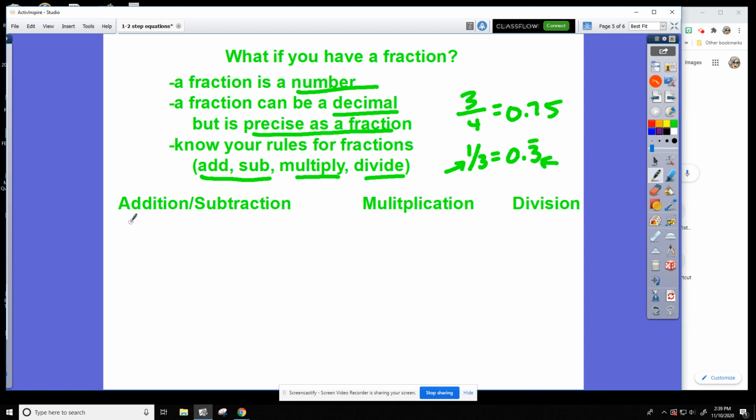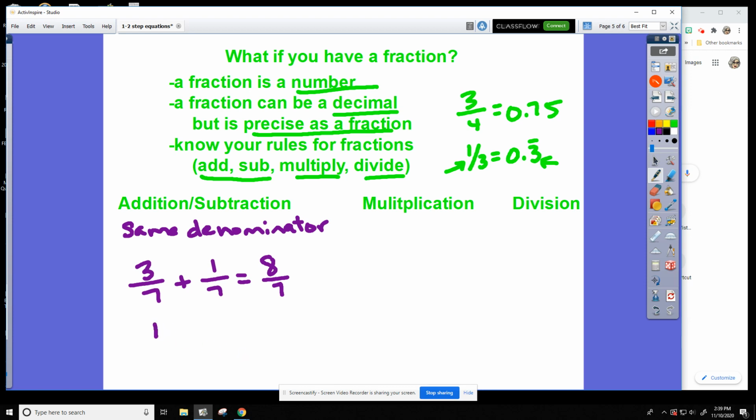Add and subtract. You need to have the same denominator, called a common denominator. Okay, so if I have 3/7 plus 1/7, that equals 4/7.